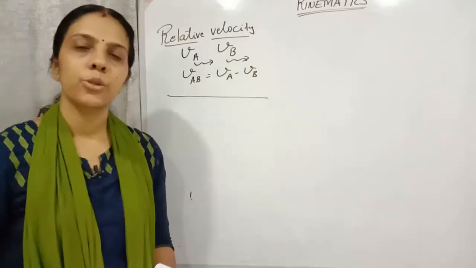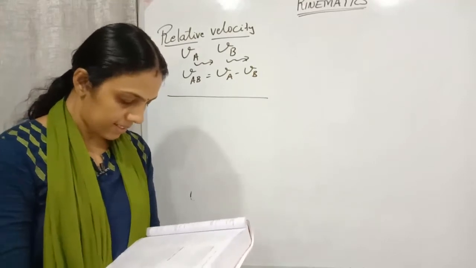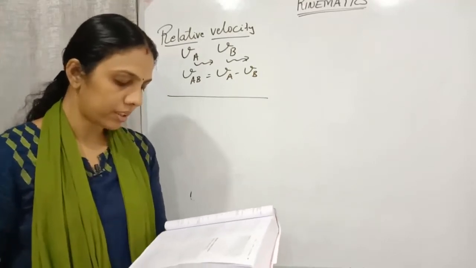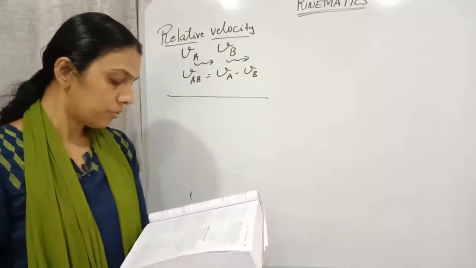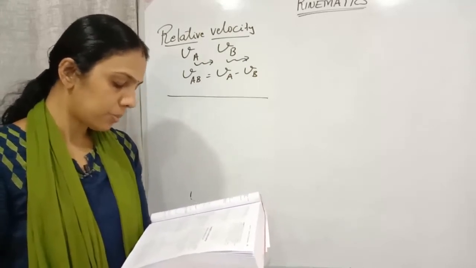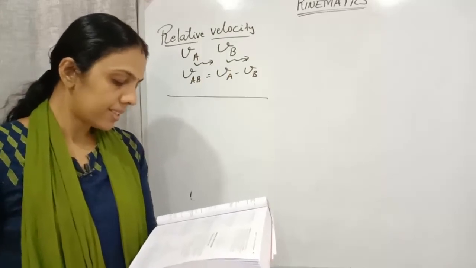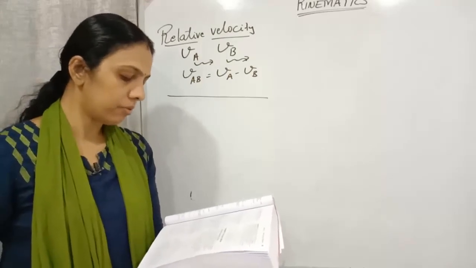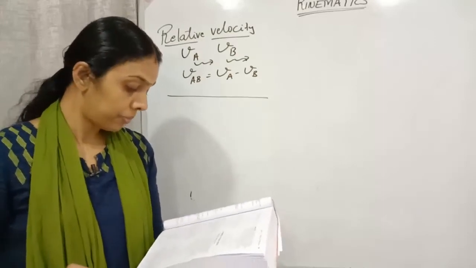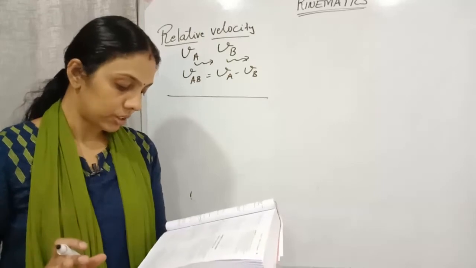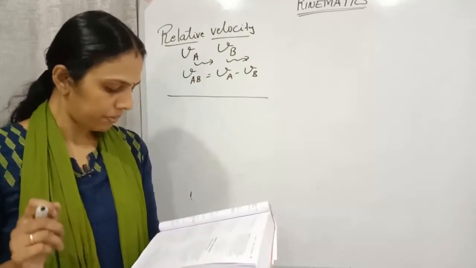Clear? So the next question is, Delhi is at a distance of 200 kilometer from Ambala. Car A set out from Ambala at a speed of 30 km per hour, and a car B set out at the same time from Delhi at a speed of 20 km per hour. When they will meet each other, what is the distance of that meeting point from Ambala?